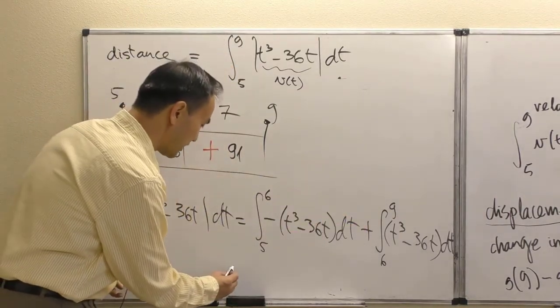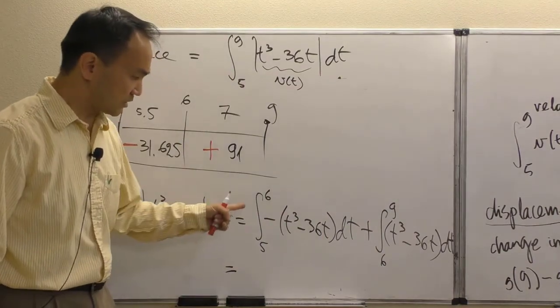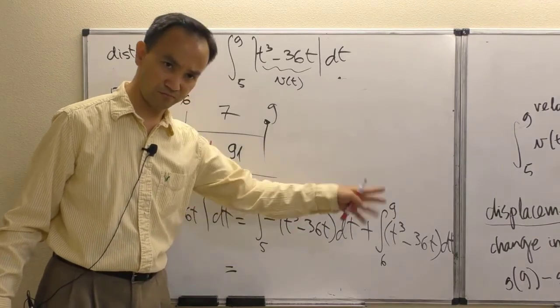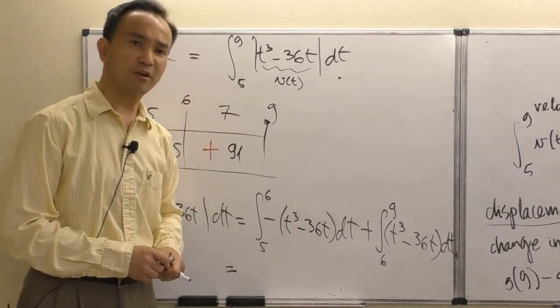Now my board is getting tight here, so allow me to skip the step of the fundamental theorem of calculus, and I'm going to jump over to my computer station and grab the value.